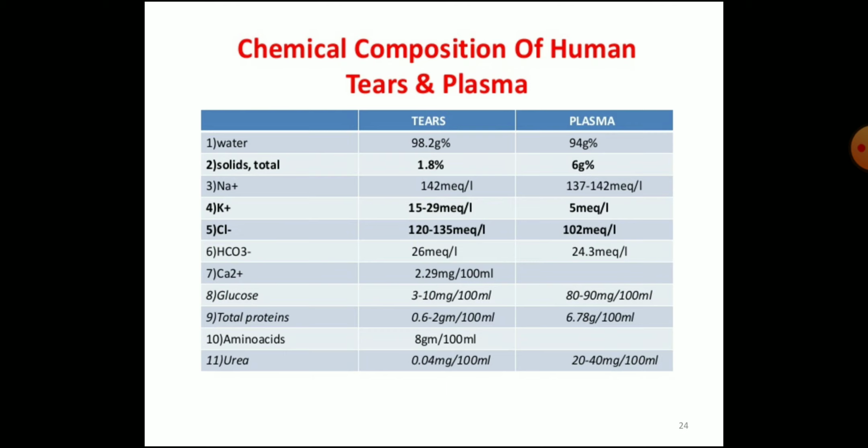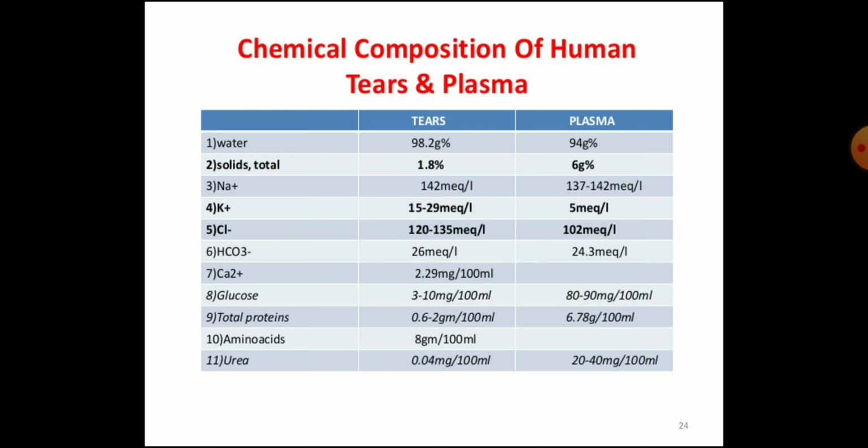In this table, you can see the comparison of the chemical composition of human tears with human plasma. We can see various electrolytes and water, and how they differ in the tears and the plasma.